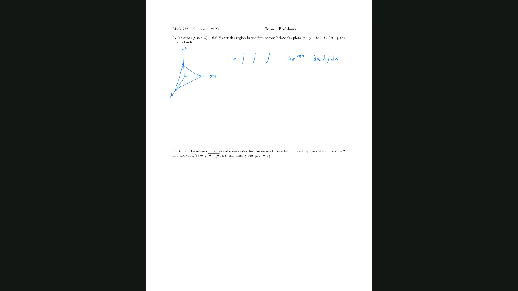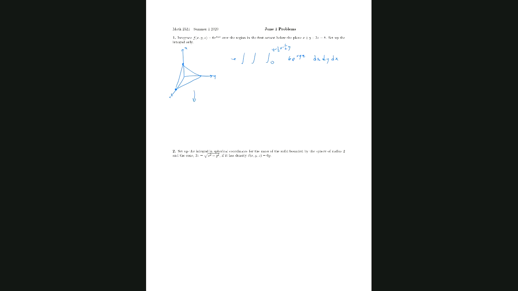Okay, so if I do it dz dy dx, what are the limits for z? The bottom limit is 0, and top limit is, right, it's one of those two.